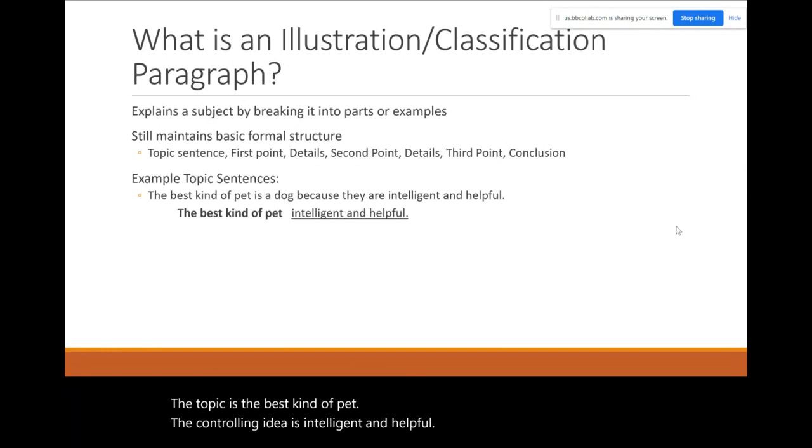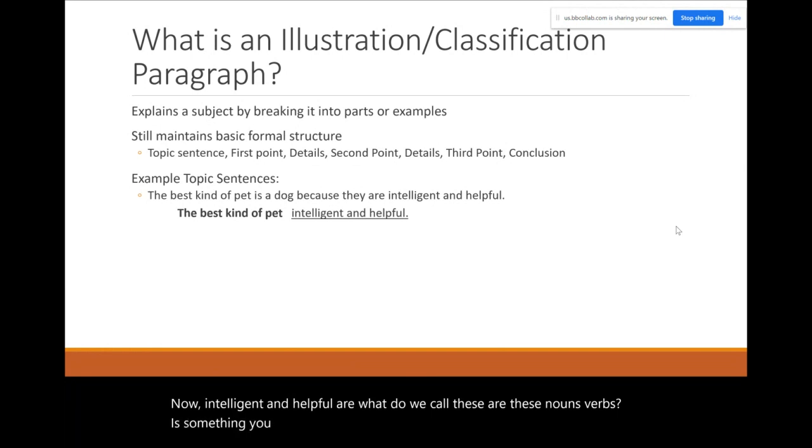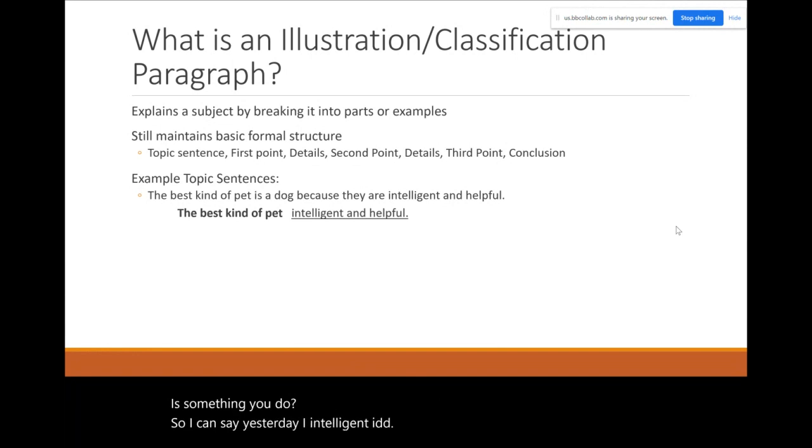Now, intelligent and helpful are what? What do we call these? Are these nouns, verbs? I think it's a verb. It's something you do. So I can say, yesterday I intelligented. Tomorrow I'm going to intelligent. It's an adjective. Yeah, it's an adjective. It's describing the pet.